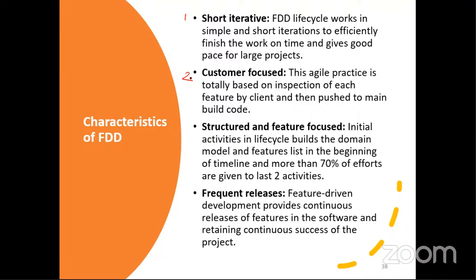The agile practice is totally based on an inspection of each feature by the client and then pushed to the main build code. A structured and feature focus. Initial activities in a life cycle build the domain model and a feature list in the beginning of a timeline, and more than 70% of efforts are given to the last two activities.